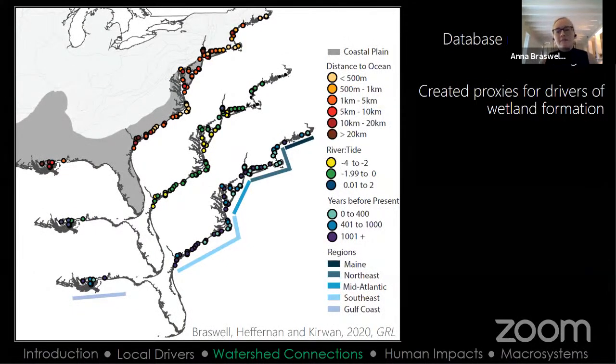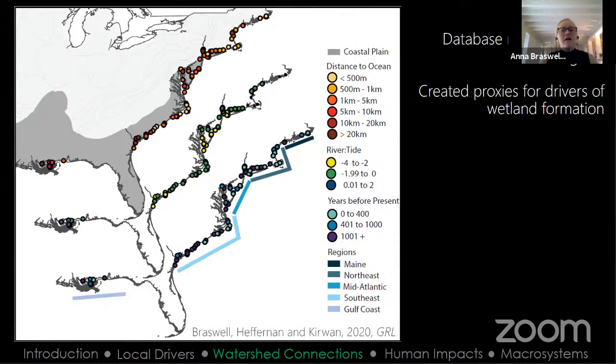We also connected them to things like distance from the ocean. Distance from the ocean gives you a measure of the marine processes that might also lead to wetland formation, whether that be resuspension of sediment from storms or barrier island washover events, where you have sand coming from the front of the barrier island to the back of the barrier island and forming marshes on the other side.